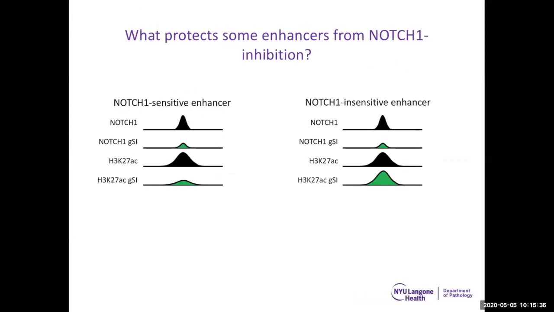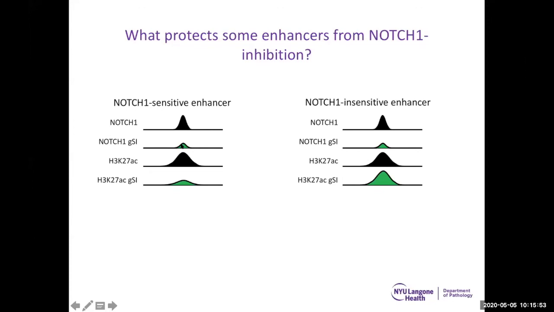So of course, the big question I'm going to stop with this set of experiments is what protects some enhancers from Notch inhibition. I've shown you that with Notch-sensitive enhancers, you have Notch binding.